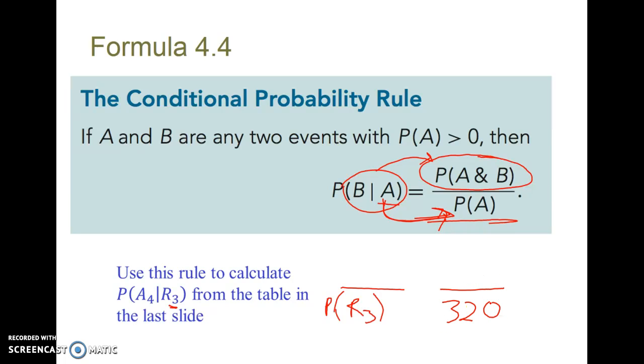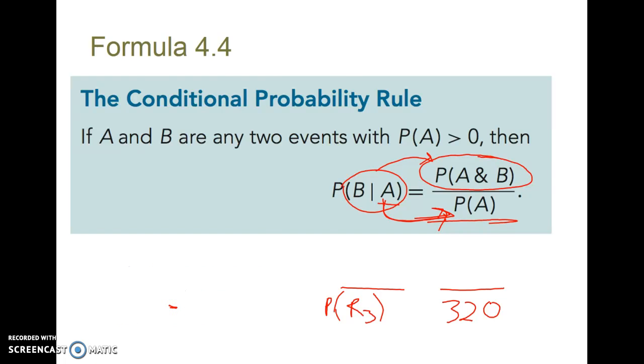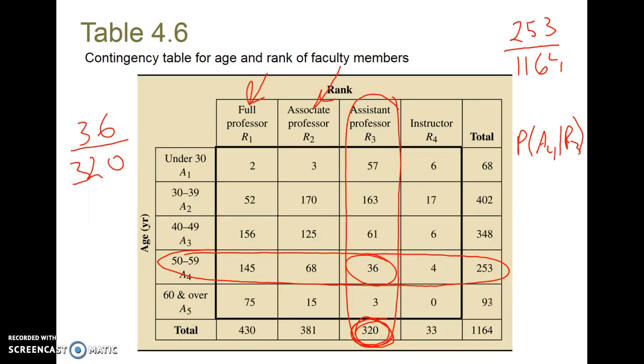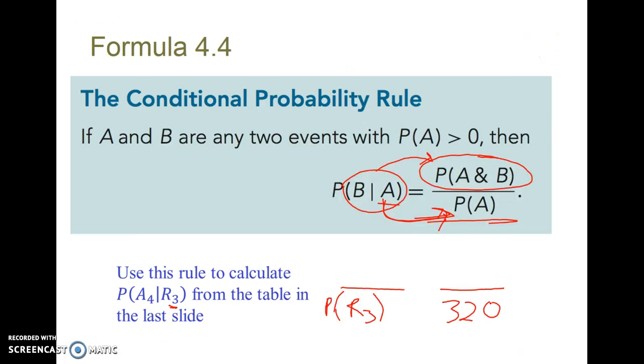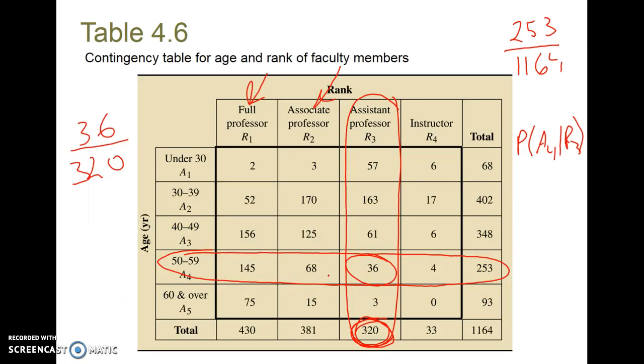So that's the given part. The given part is that they're an assistant professor. It's 320 people. Then in the numerator, we're going to have both of these. So the probability of A and B is in the numerator. Specifically in this case, the probability of A4 and R3. Hopefully you guys can read this. I'm going to go back to the slide.